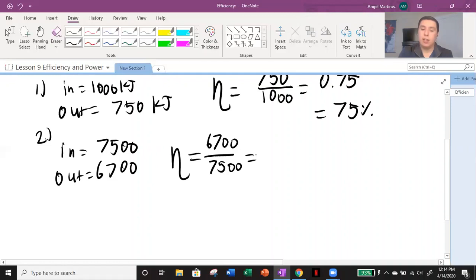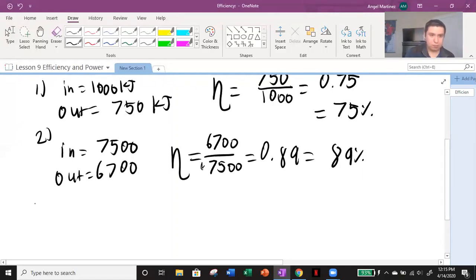When you calculate that, you get around 0.89, which is just 89%. So in this example, pushing the box was 89% efficient. The rest of the energy went out as friction or heat energy.